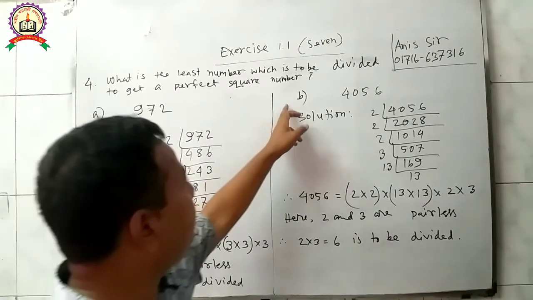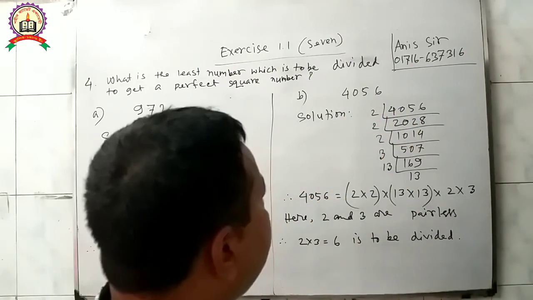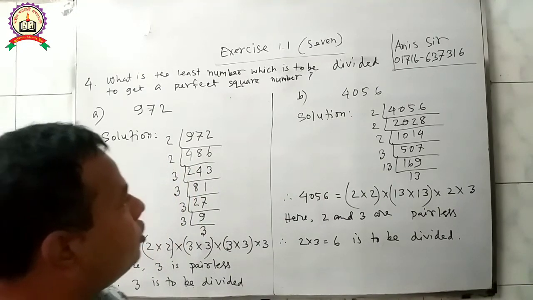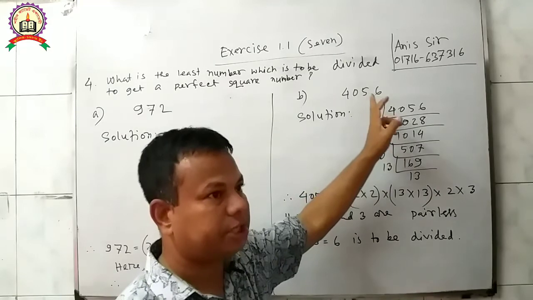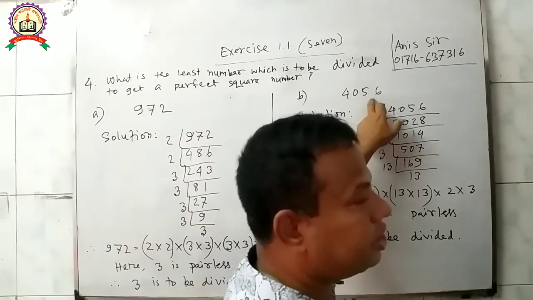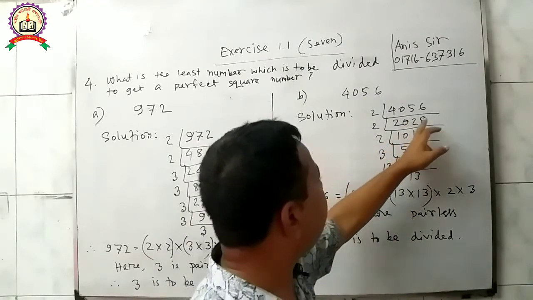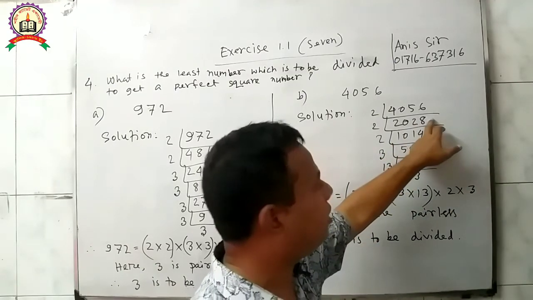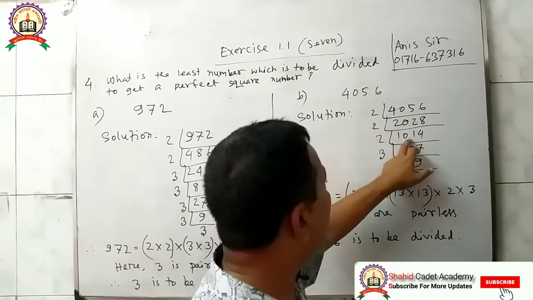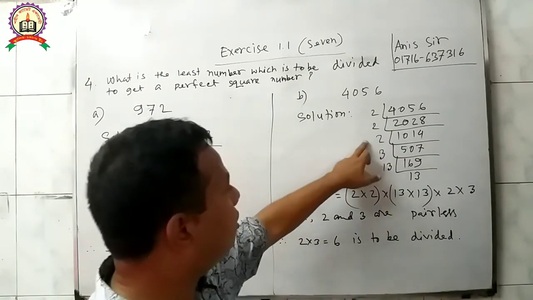And then B, 4056. At first we have to find out the prime factors of 4056. It is an even number, so it is divisible by 2. Then we get 2028, an even number, so divisible by 2. Then we get 1014, also even, so divisible by 2.